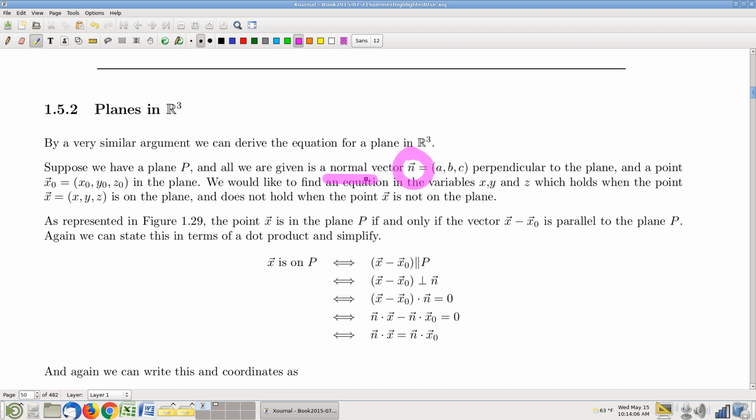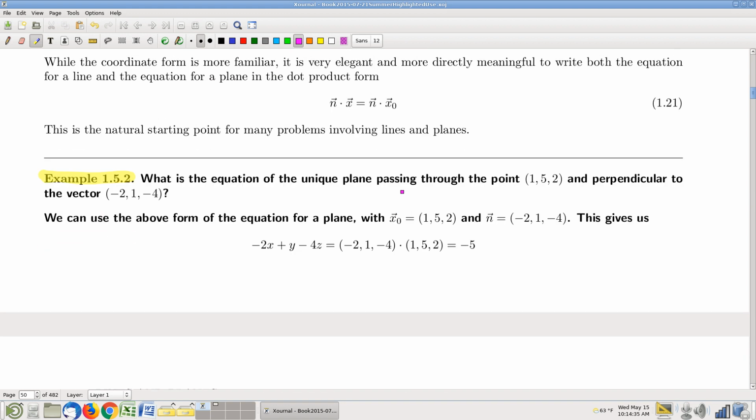Normal is one of the most overused words in math. At some point, I counted different uses of the word normal that I was personally aware of, and I thought of 6. Completely unrelated, different uses of the word normal. So anyway, apologies for the lack of creativity in the language, but that's the terminology in common use. That's why I used n and why I call it a normal vector.